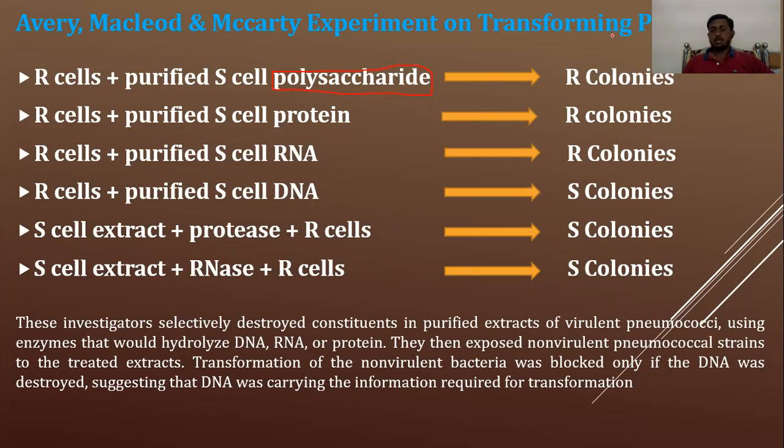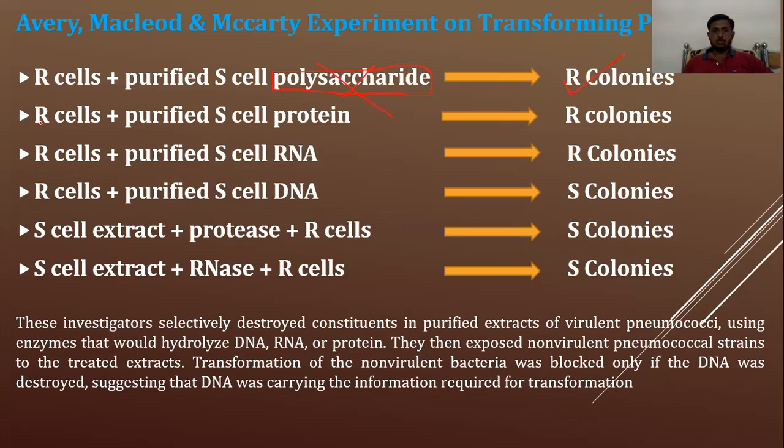So they use the capsule component for the conversion of R type cells to S type of cells, and they found a negative result. That is, there is no transformation of R type of cells into S type of cells, and they observed only R type of colony. So polysaccharide is not a transforming principle.